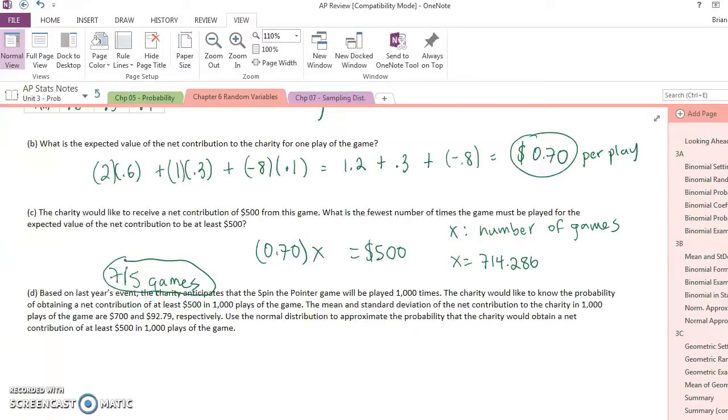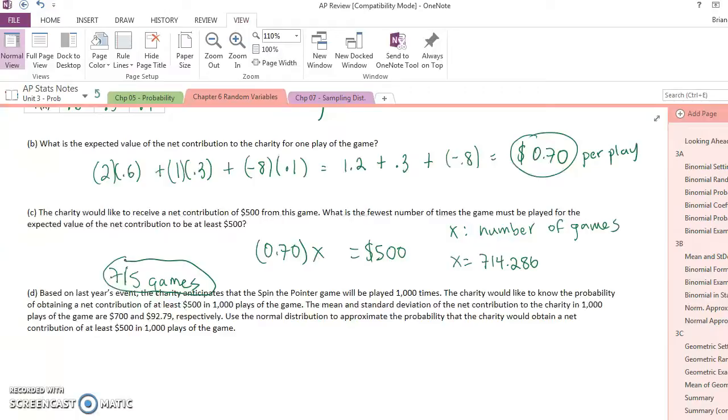The mean and standard deviation of the net contribution to the charity in 1,000 plays of the game are 700 and 792.79 respectively. Use the normal distribution to approximate the probability that the charity would obtain a net contribution of at least $500 in 1,000 plays of the game.